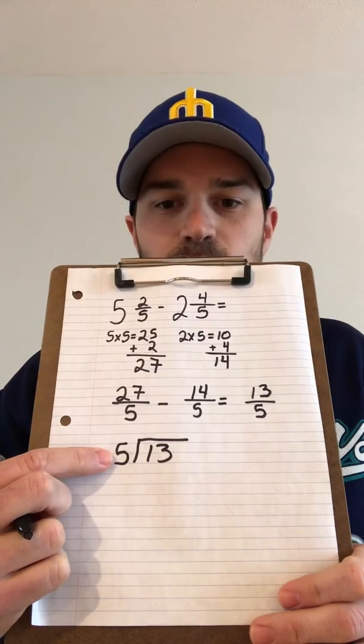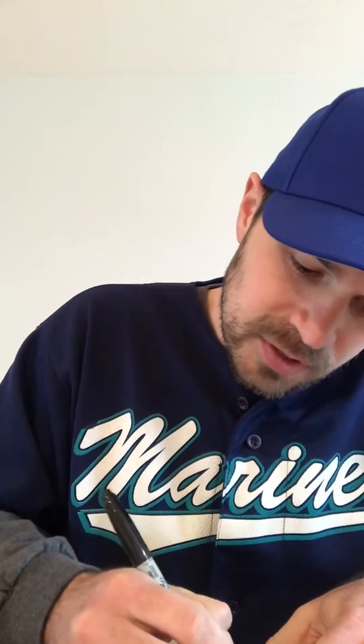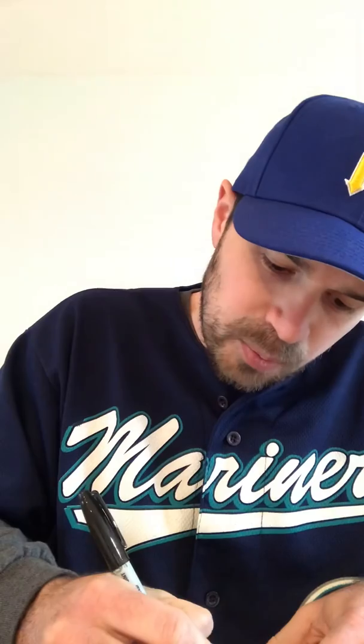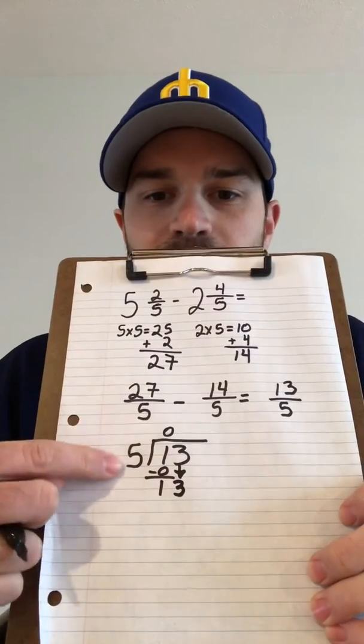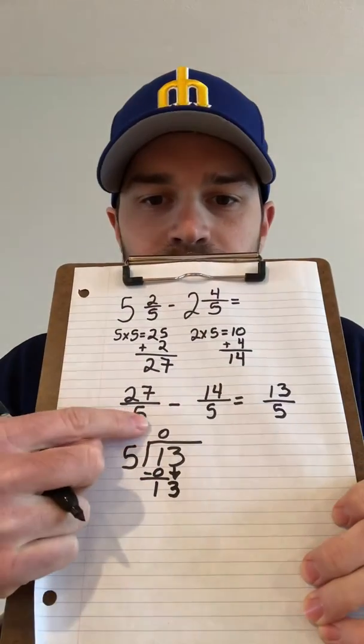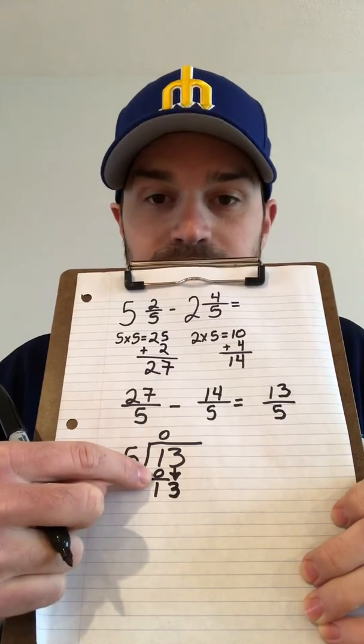So again, guys, what number times 5 gives you 1 or less? Well, that's 0. 5 times 0 gives you 0. 1 minus 0 gives you 1. Now I'm going to bring down the 3, and I'll talk you through the next part. Okay? So now I'm kind of back where I'm starting.